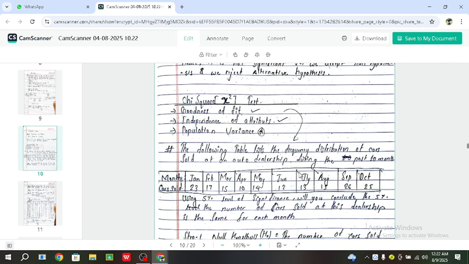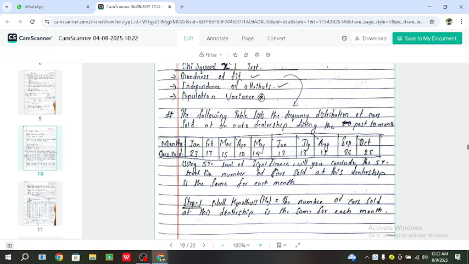Here months and cards sold are given, the selling of cards in each month. The question uses a 5% level of significance, already given. Conclude at the 5% level whether the number of cars sold at this dealership is the same for each month.